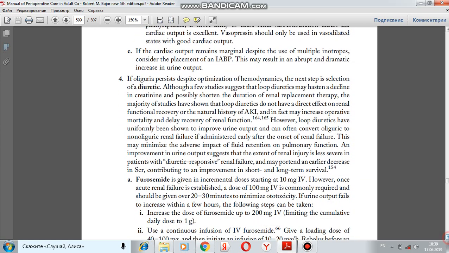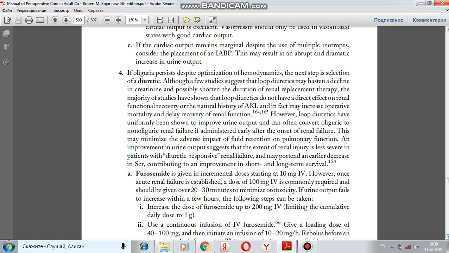If oliguria persists despite optimization of hemodynamics, the next step is selection of a diuretic. Also, a few studies suggest that loop diuretics may hasten a decline in creatinine and possibly shorten the duration of renal replacement therapy. The majority of studies have shown that loop diuretics don't have a direct effect on renal functional recovery or the natural history of acute kidney injury, and in fact, may increase operative mortality and delay recovery of renal function.